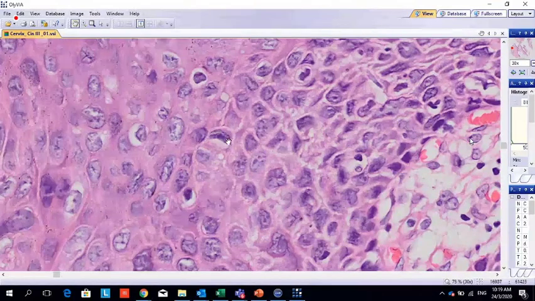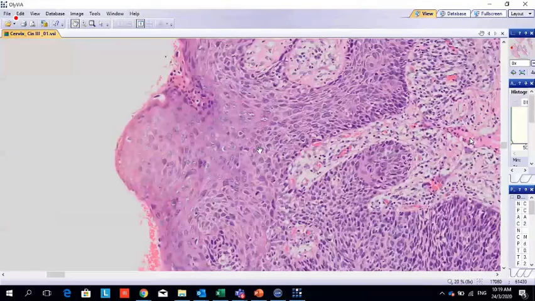See, like this one. We already explained the pathogenesis. So what is the significance of detecting this lesion in screening Pap smear? Prevention of cervical cancer. Yes, very good.